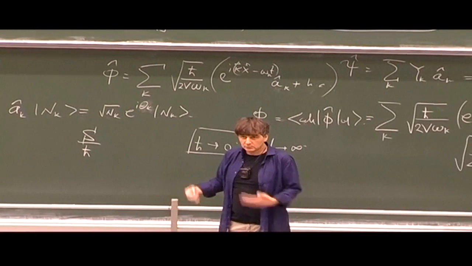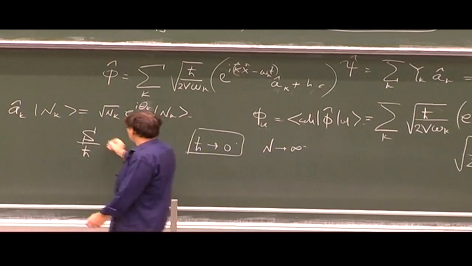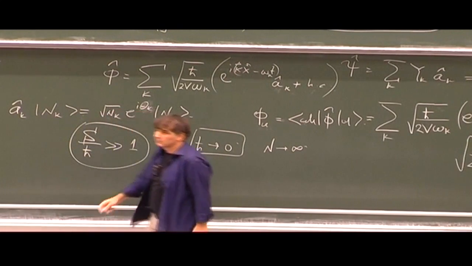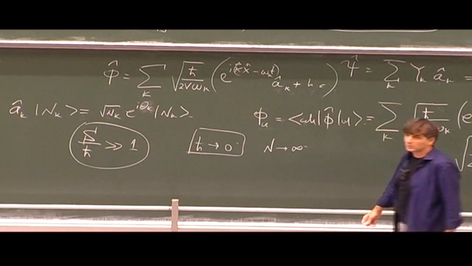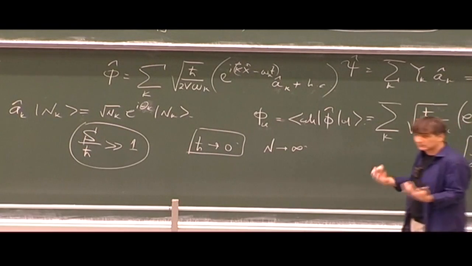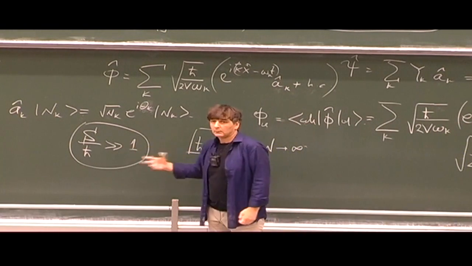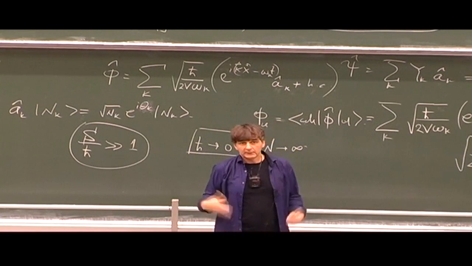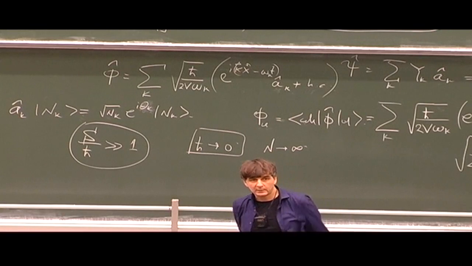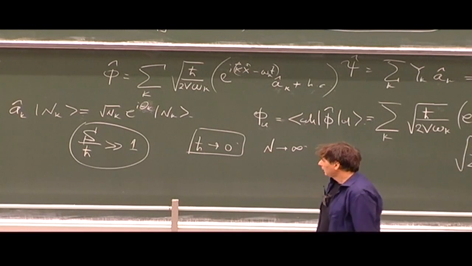But processes for which this quantity is large can be approximately classical. So in particular, all classical processes have this property. For any classical process, the characteristic action is typically larger than h bar, okay?